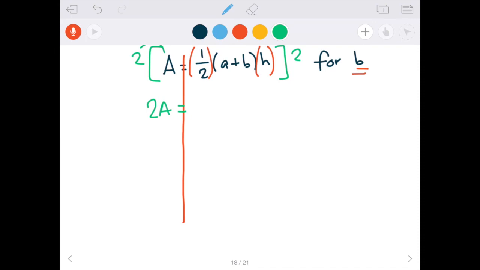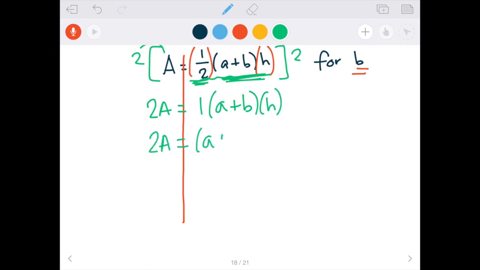On the left side, since everything here is being multiplied, it's half of all of this stuff. So half of this stuff times 2 is really 1. And really, I can even get away with just not even writing the 1. Okay?